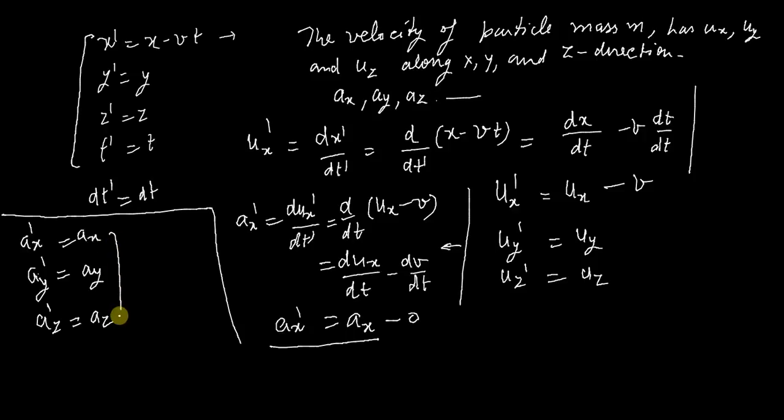If you see these equations carefully, they say that the acceleration is the same in the prime frame and the unprime frame for both observers of that particle. What can we conclude from this? We are saying that the particle moving in the S prime frame has the same acceleration as in the unprime frame.